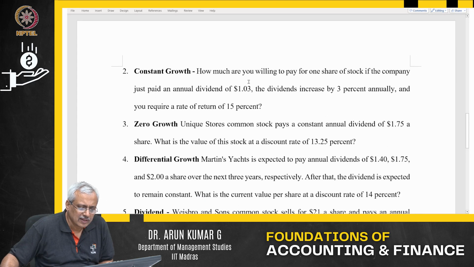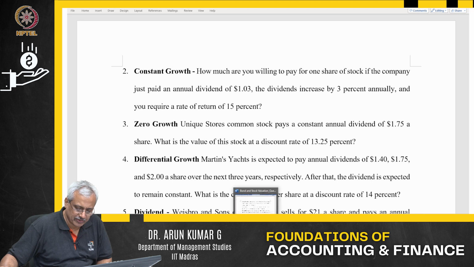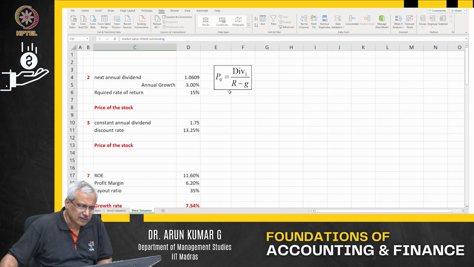How much are you willing to pay for one share of stock if the company just paid an annual dividend of 1.03? The dividends increase by 3% annually and you require a rate of return of 15%. Your annual dividend of 1.0609.